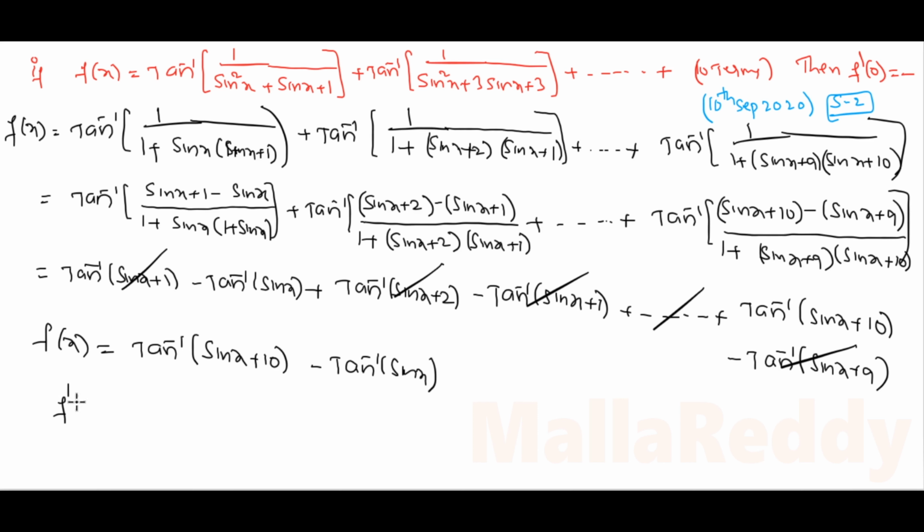Now take differentiation on both sides. Derivative of f of x is f dash x, and tan inverse x derivative is 1 by 1 plus sin x plus 10 whole square into derivative of sin x is cos x, plus 10 derivative is 0, minus tan inverse of sin x derivative 1 by 1 plus sin square x into derivative of sin x is cos x. Now put x is equal to 0.